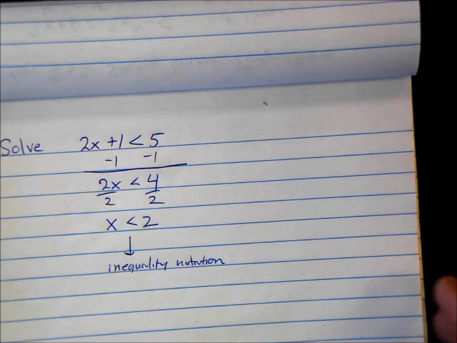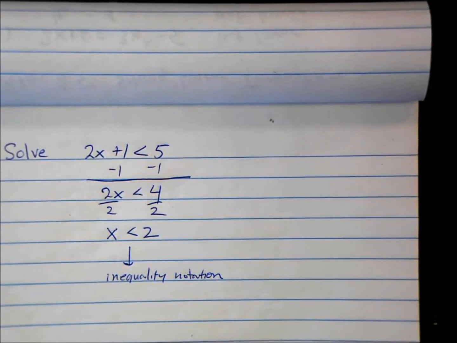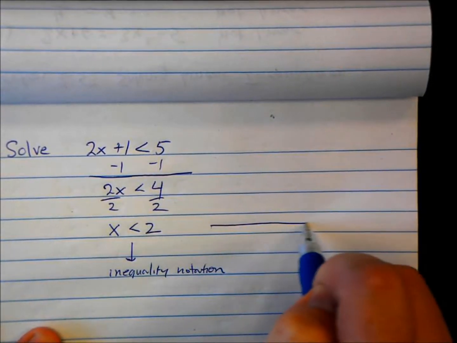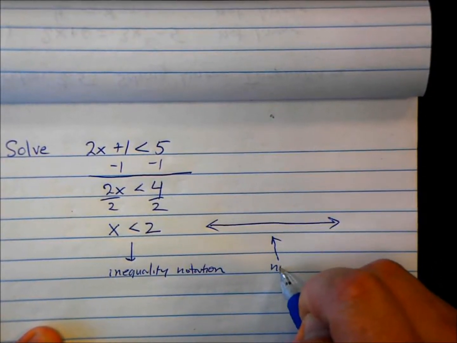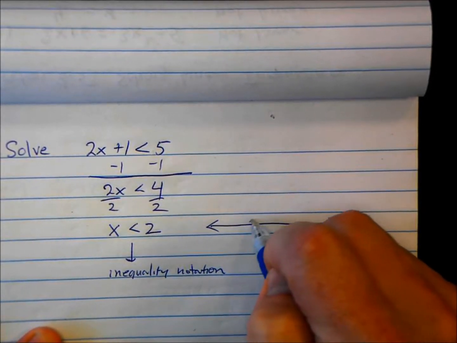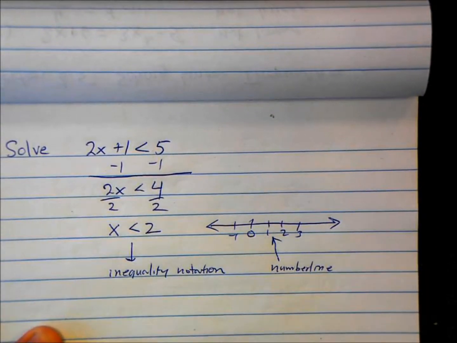Sometimes you will be asked to show your answer on a number line. So you would draw yourself a number line. There's 0, there's 1, there's 2, there's 3, there's negative 1.